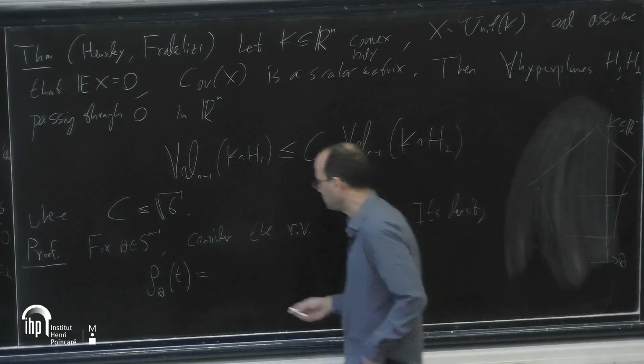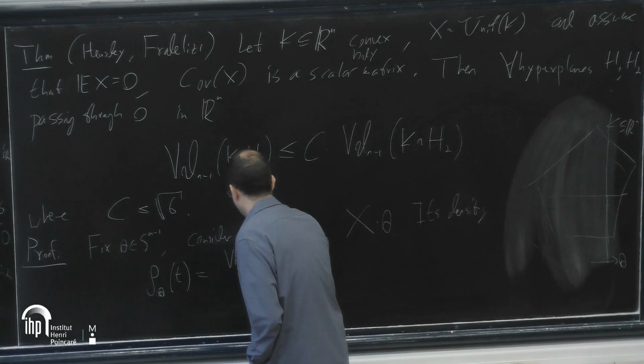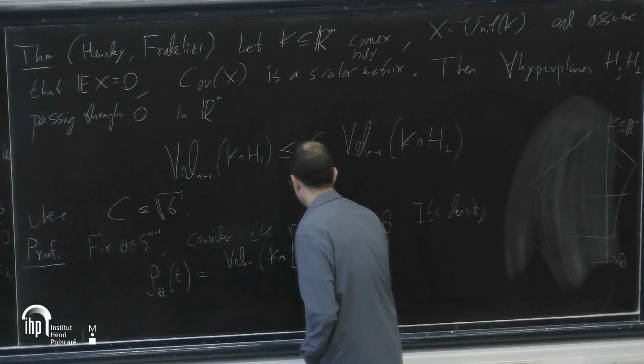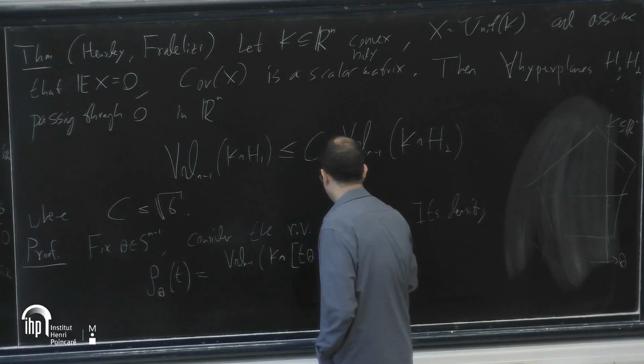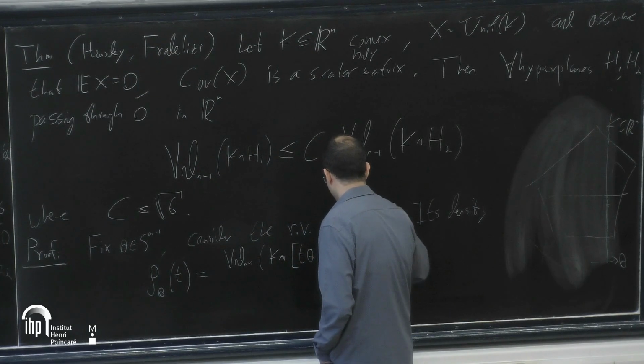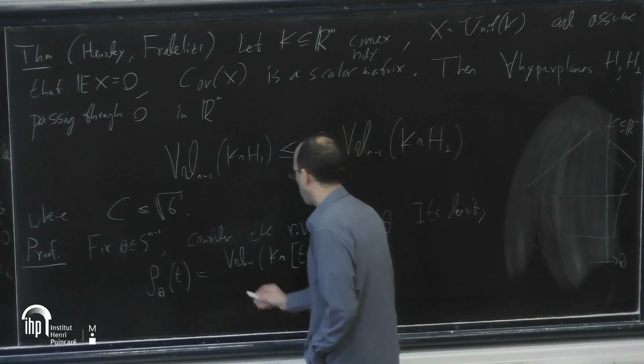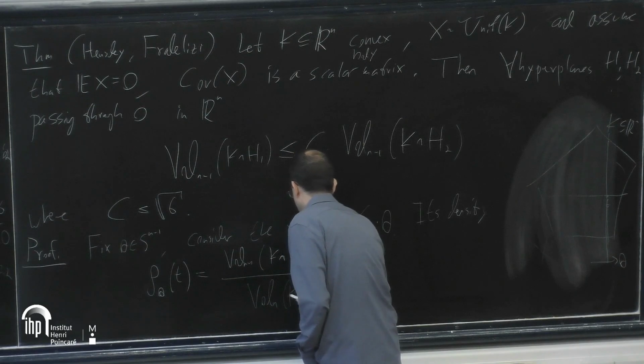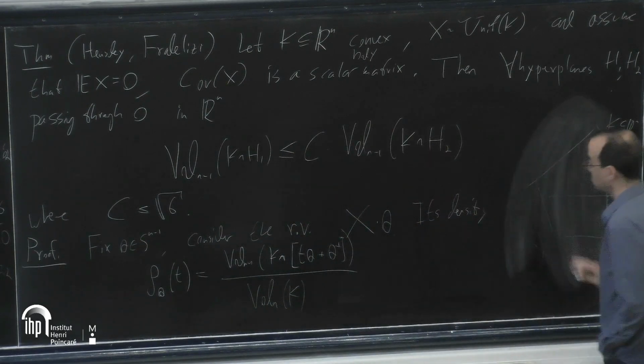So rho theta of t is the volume of the section t theta plus theta perp, this hyperplane, over the volume of K, because the total volume is not normalized to 1. Okay, so this is the density.